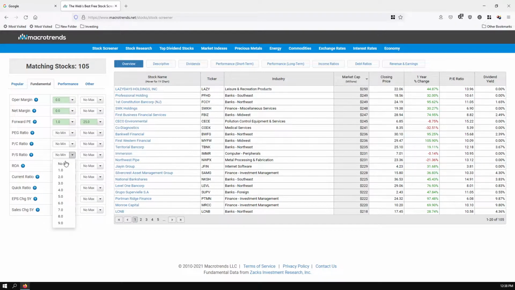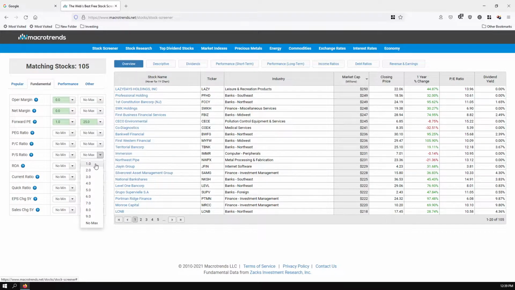PS ratio. Here's where you don't want a minimum, but you would want a maximum. The price of the stock divided by the revenue. So multiply the amount of shares by the price divided by the revenue. Price to sales ratio.